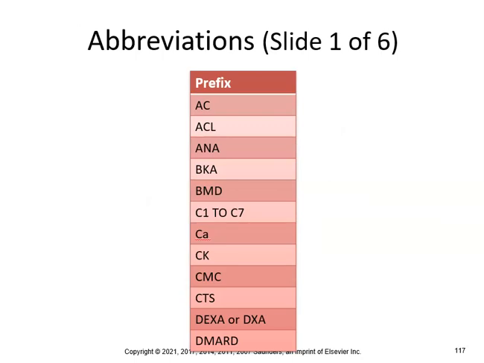So what are the abbreviations? AC, ACL, ANA, BKA, BMD, C1 to C7, CA, CK, CMC.